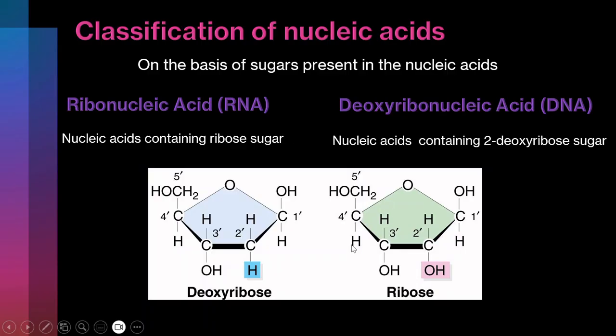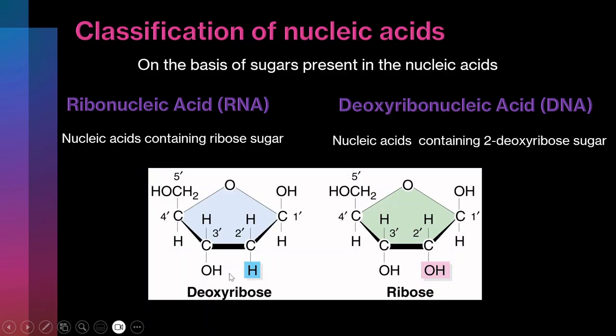On C4 carbon, we have H downside and CH2OH on the upside, and this CH2 is the 5th carbon. So, in the ribose sugar, please learn the position of OH, H and other atoms. In the case of ribose, it is C1: OH, H; C2: H, OH; C3: H, OH; C4: CH2OH, H.